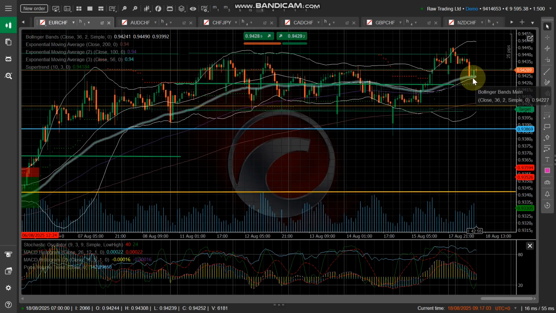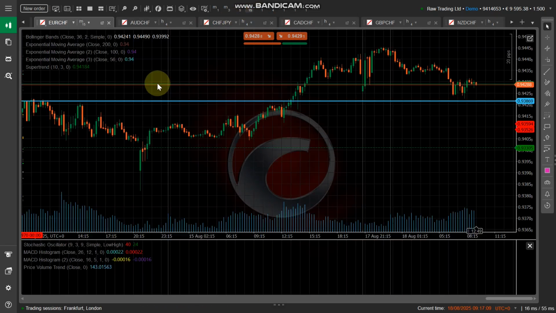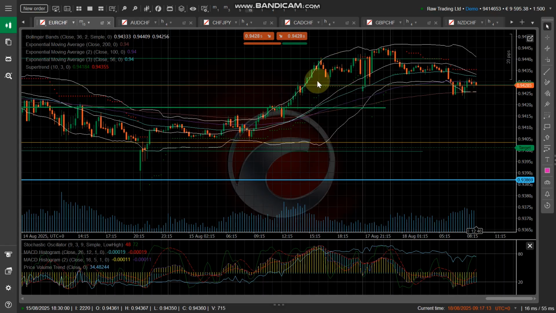Anyway, they stay up 36 MA, maintain this ground or not, go down to 15 minutes. In the 15 minutes, this line I need to put 1 hour or 4 hours, a bit longer, but anyway, we are here.